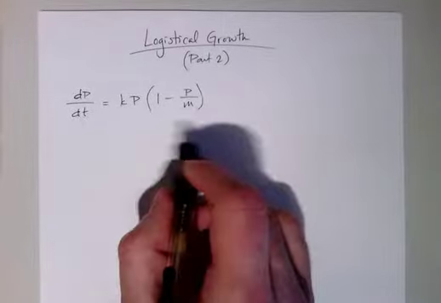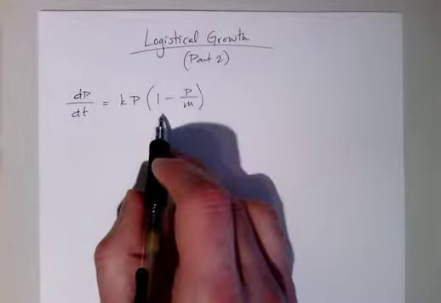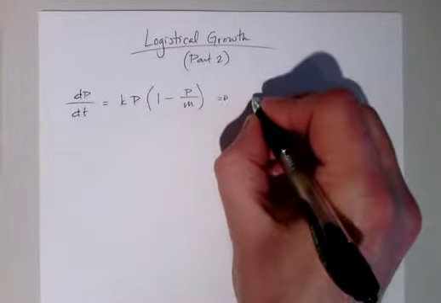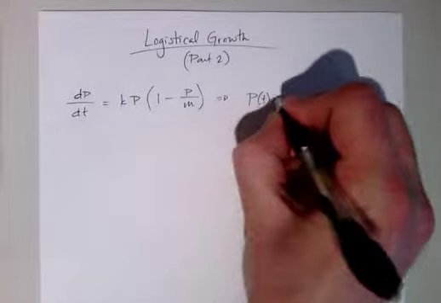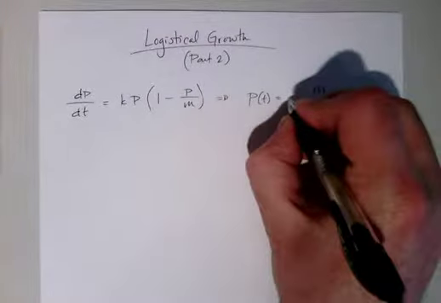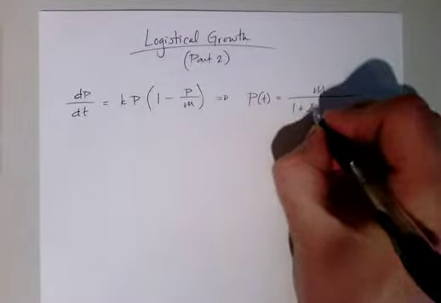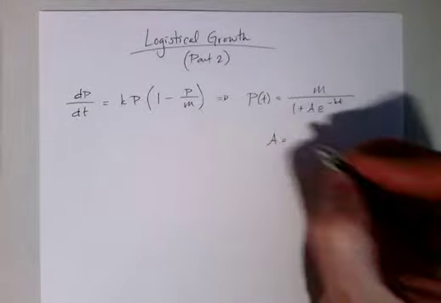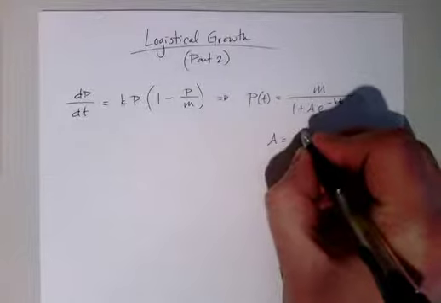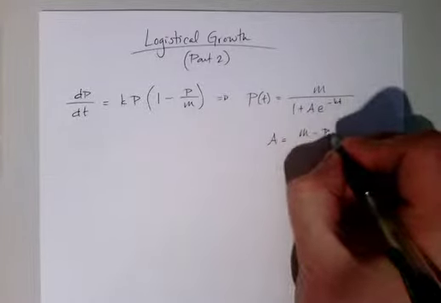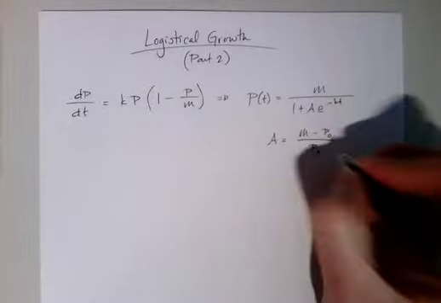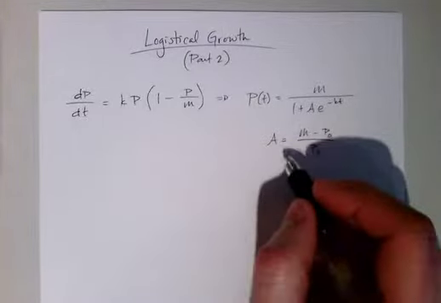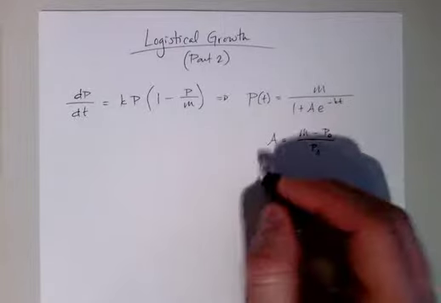And if you're given something like this, and remember it has to be in this form, it can be transformed just by memorizing the formula. P of t equals carrying capacity over 1 plus a e to the negative kt, where a is m minus p naught over p naught.